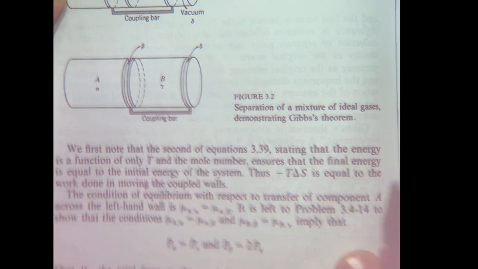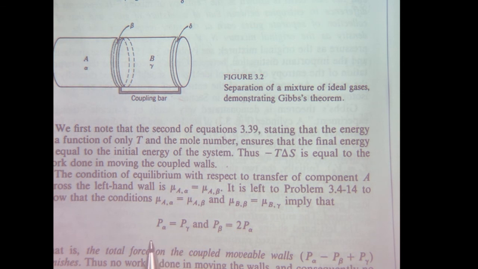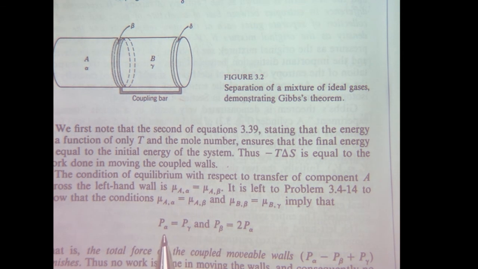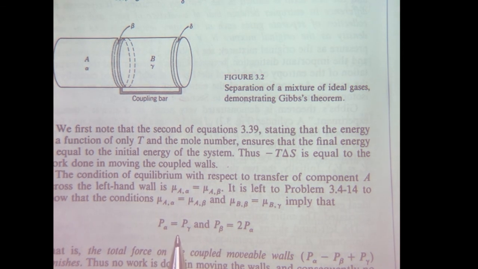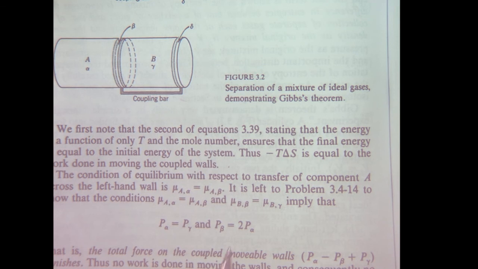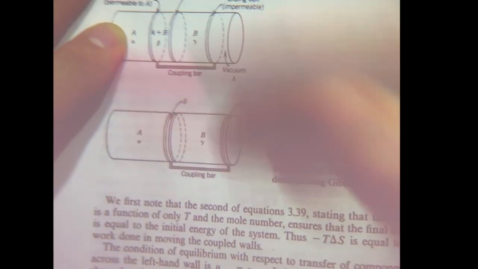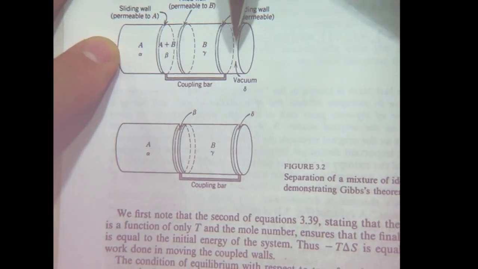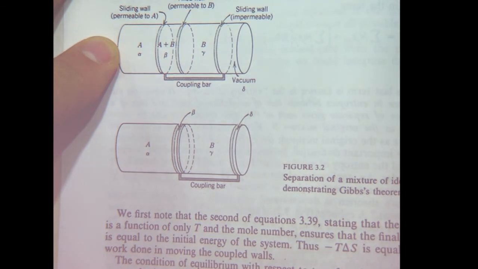And from that, you can derive that the pressures must be equal. The pressure in chamber alpha must equal the pressure in chamber gamma, and the pressure in chamber beta, in fact, equals twice the pressure in chamber alpha, something that you just work out. Just take it as a given; you can show it if you want. And that's at every point in the process, because at every point, the systems are in equilibrium.